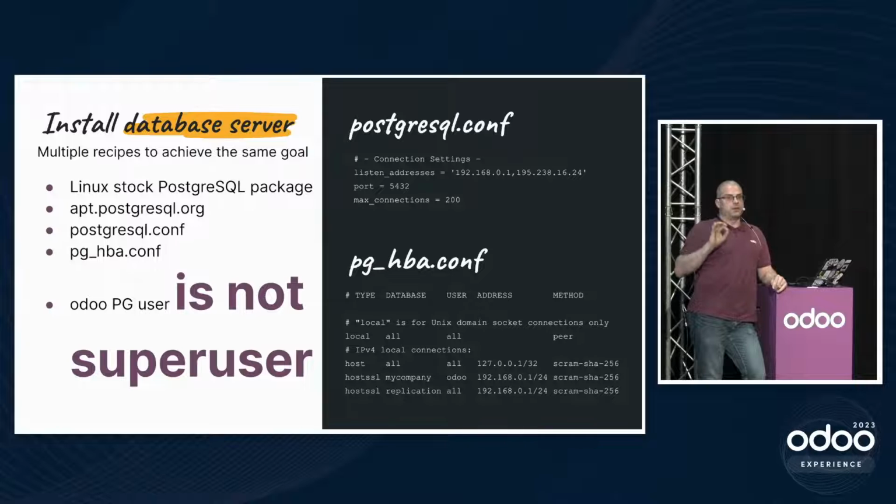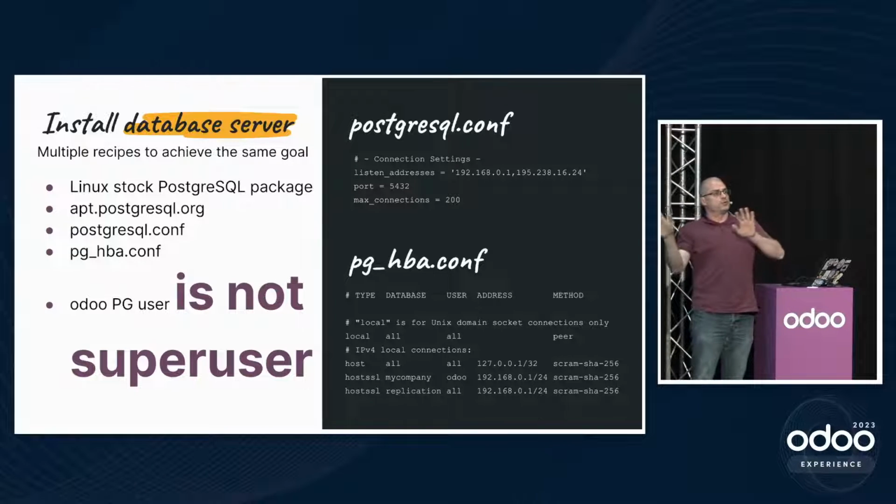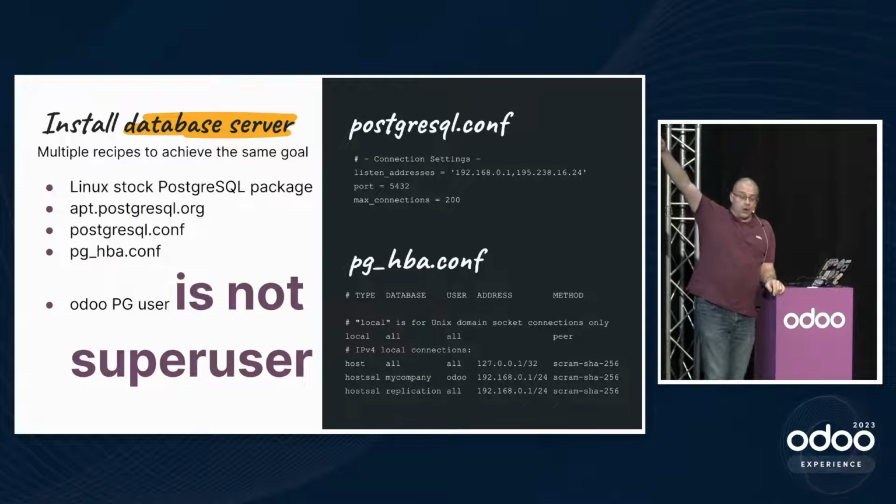To make the connection to your PostgreSQL server possible from a remote database server, you have two things to configure. In postgresql.conf, you have to listen to the private network between your PostgreSQL and Odoo servers on a given port.